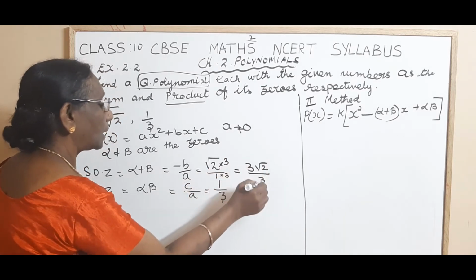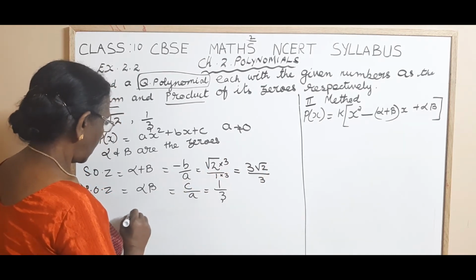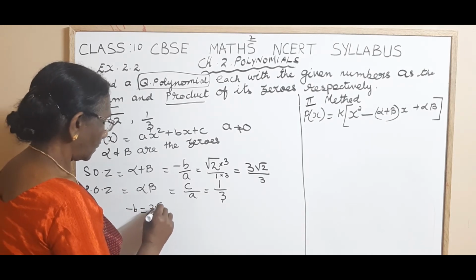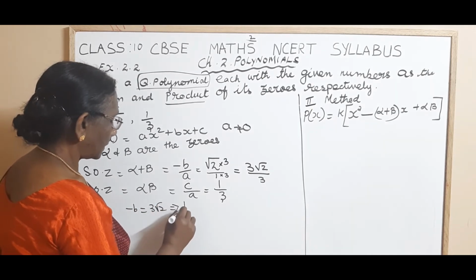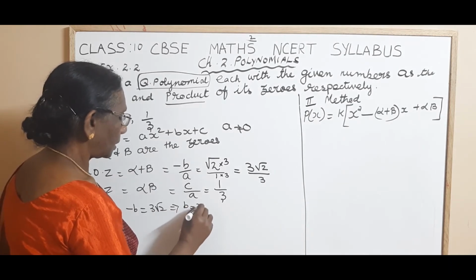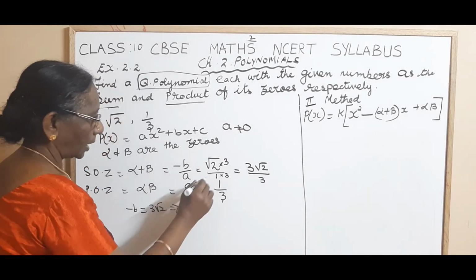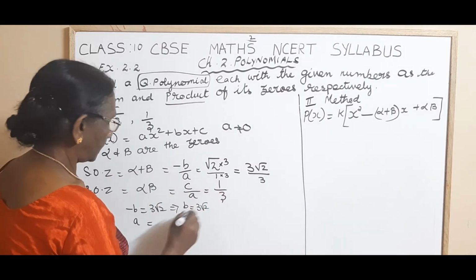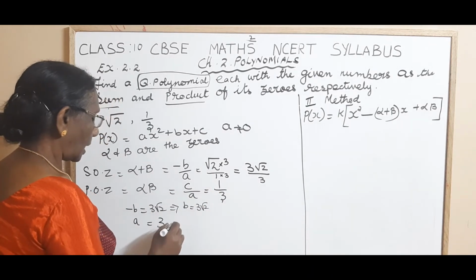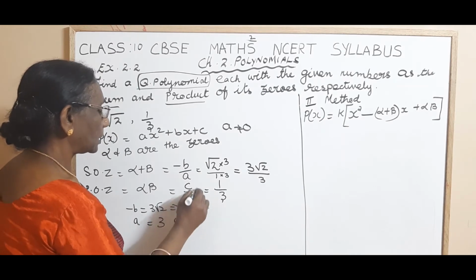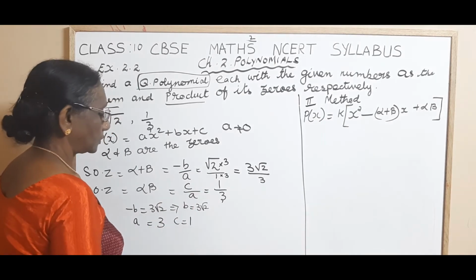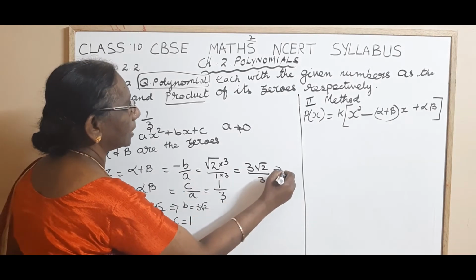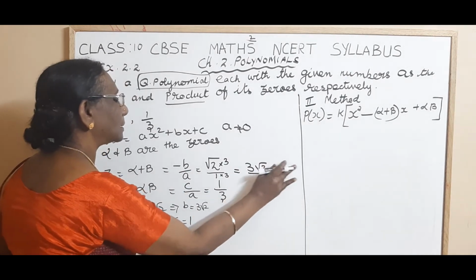So from 1 and 2, what do you have? Minus b is equal to 3 root 2, which implies b is equal to minus 3 root 2. And a is equal to 3, and c is equal to 1. Isn't it, children? You got this from these two. If you want, you can name them 1 and 2, or you can write as it is.